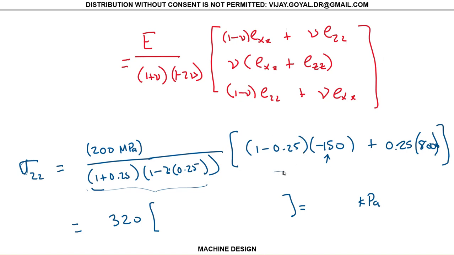So this gives you minus 112.5 plus 200. This gives you 28 kilopascals. Okay, so then there's one more stress that I need to find.